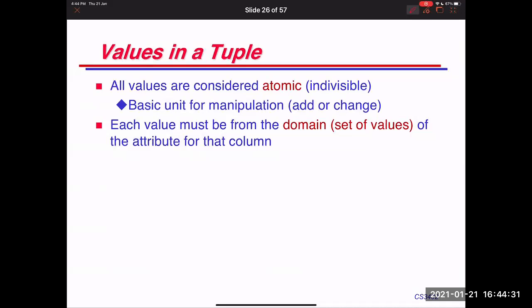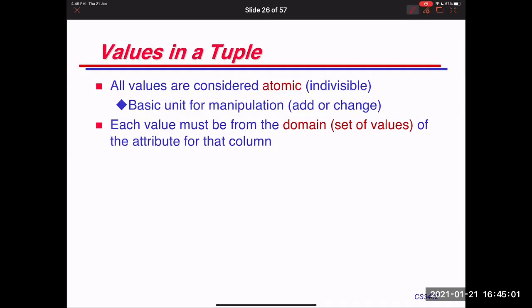Let's talk more about the values in a tuple. All values that we consider here are atomic, meaning they're indivisible. So we don't have these composable attributes that we had when talking about the ER model. The reason for that is simple: I want to be able to directly manipulate such a value, and I can't easily do that if we had composite values.